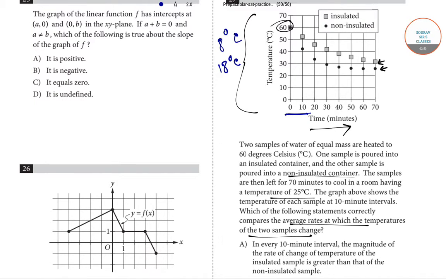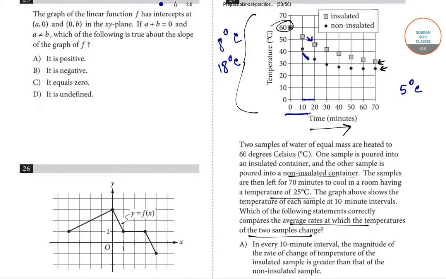In the interval from 10 to 20 minutes, the next interval, the non-insulated sample decreased in temperature by about 9 degrees Celsius, while the insulated sample decreased about 5 degrees Celsius. As you can see here, this one was something like 52 degrees and now it is something like 47 degrees. So the difference here is 5 degrees Celsius, but this difference is much greater.